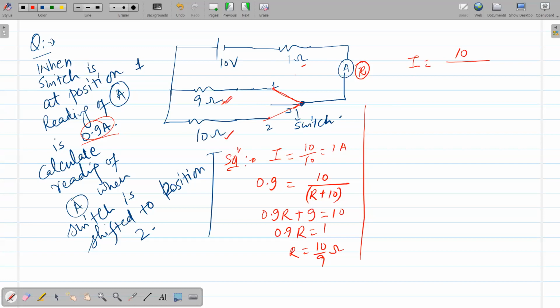So 10 plus 1, 11, plus R means 10 by 9. Are you getting this, everyone? So take the LCM of 9. This will go in the numerator: 99 plus 10 means 109, right? So this is the answer. You can divide this also, but let me leave it like 90 by 109 ampere. Got it, everyone?